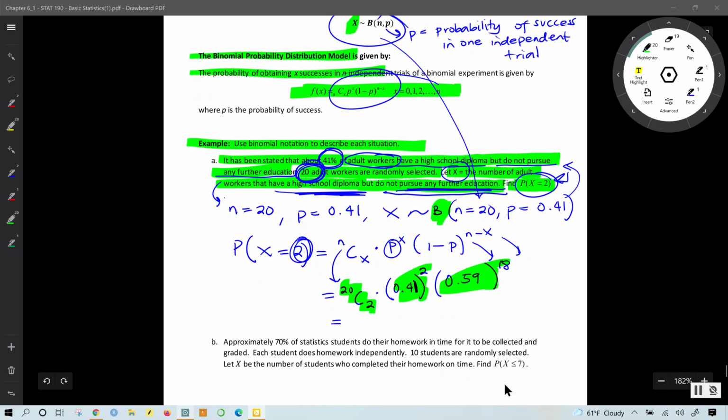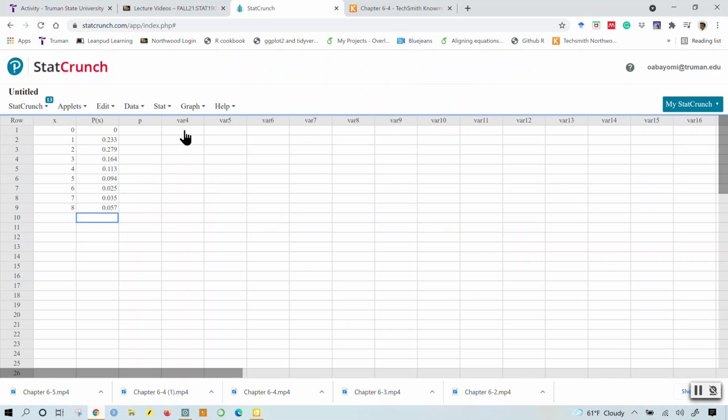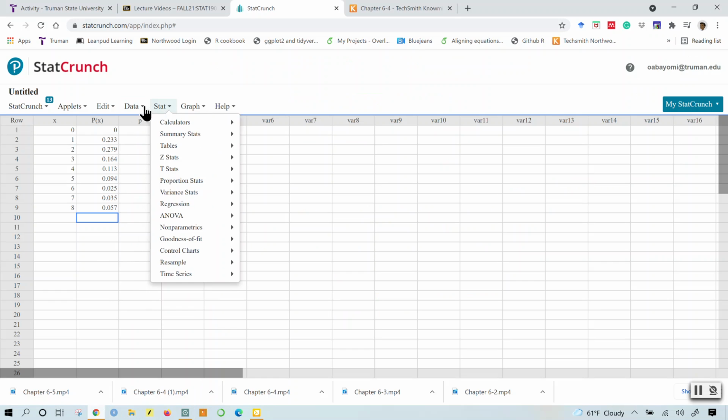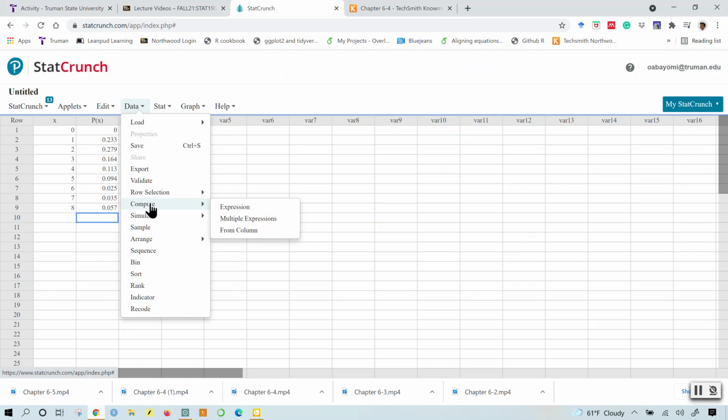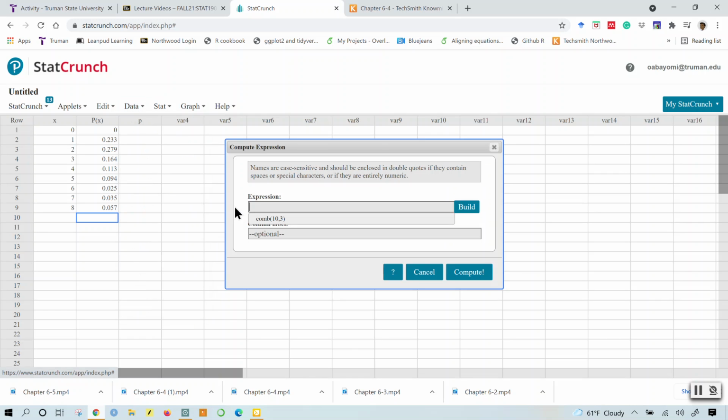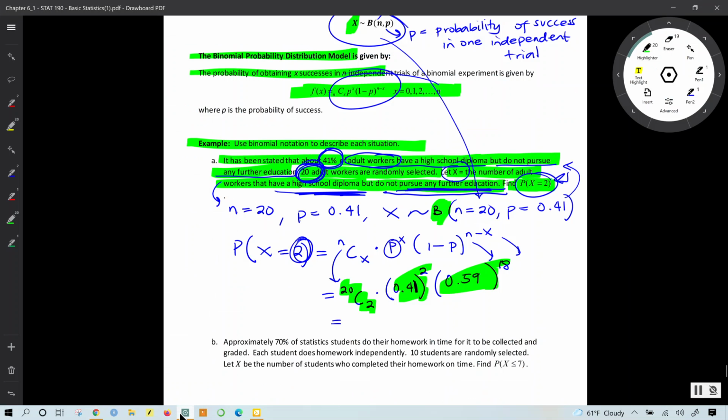Let us see. In order to get 20 combination 2, let's go to StatCrunch. You go to data, go to compute. Again, just to emphasize, go to data and then compute an expression and type COMB, combinations. This time we want 20 combination 2, which means in how many ways can 2 be selected out of 20?